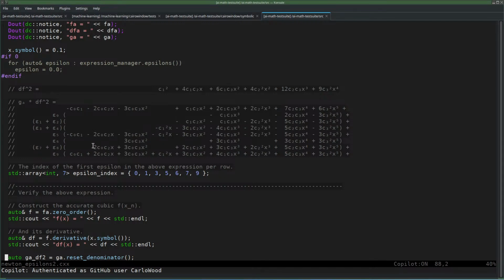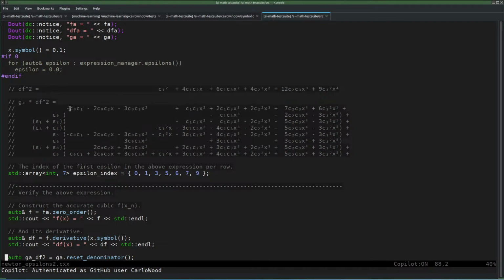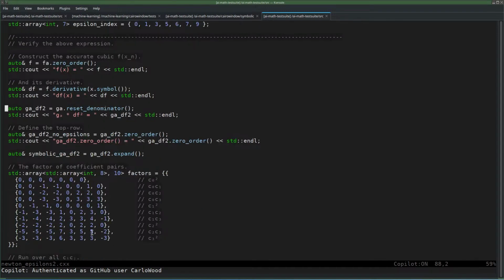Yeah, well, I don't know. I would say we're talking about the part where all the epsilons are 0, so this line here. And then the factor of C0, C1 is minus 1. Pretty sure it should be minus 1. So something wrong with this table then.